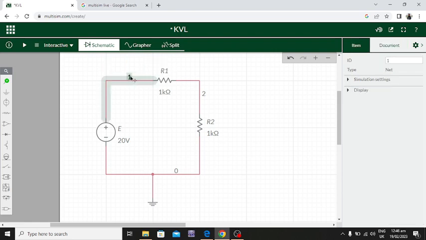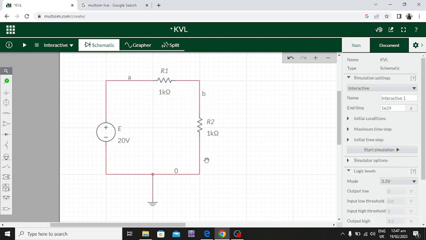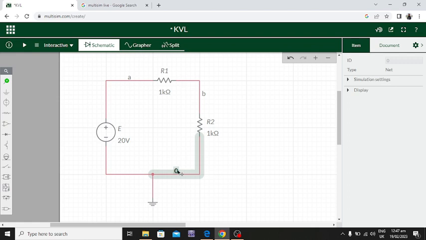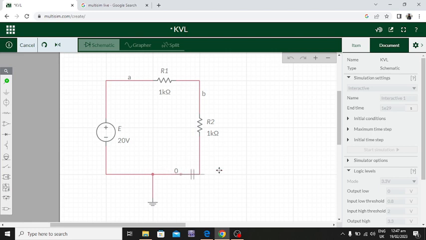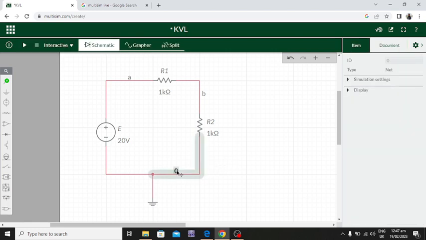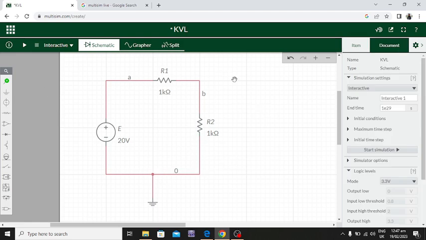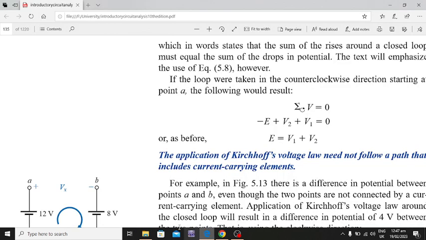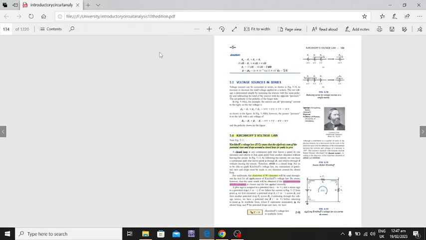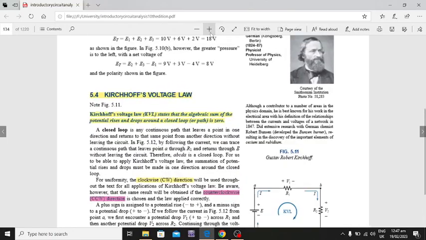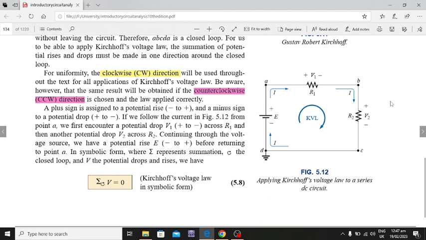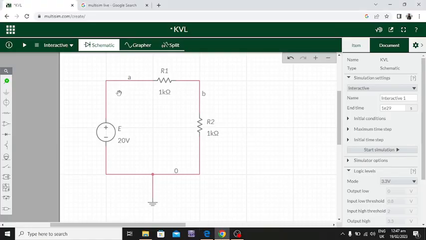I'm going to rename these A, B. I have connected all the components according to the circuit diagram of Kirchhoff's voltage law, that is a series circuit, so all the components are drawn in Multisim.